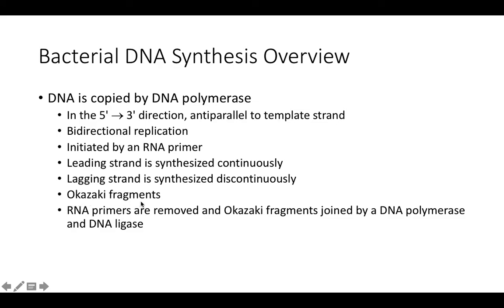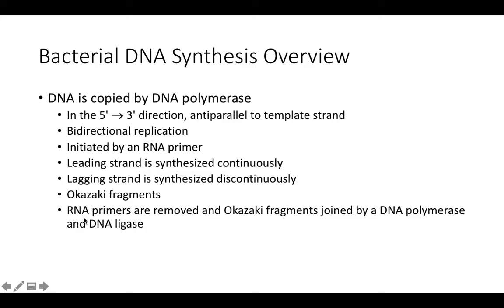The finishing part of chromosome replication is that the RNA primers are removed by a special DNA polymerase called DNA polymerase 1. And then the Okazaki fragments will be joined by a DNA ligase.